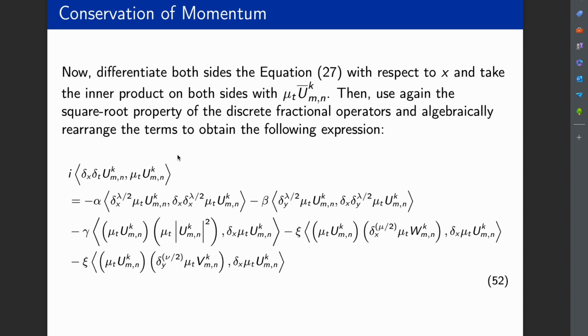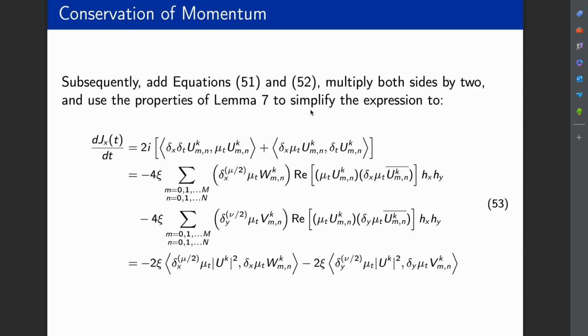We can also differentiate equation 27 with respect to x and take the inner product on both sides and also multiply by the average temporal operator and the conjugate of u, and then use the square root property of the discrete fractional operators and rearrange the terms algebraically.